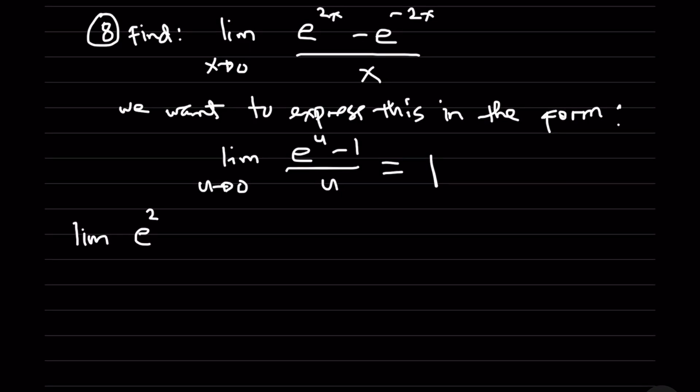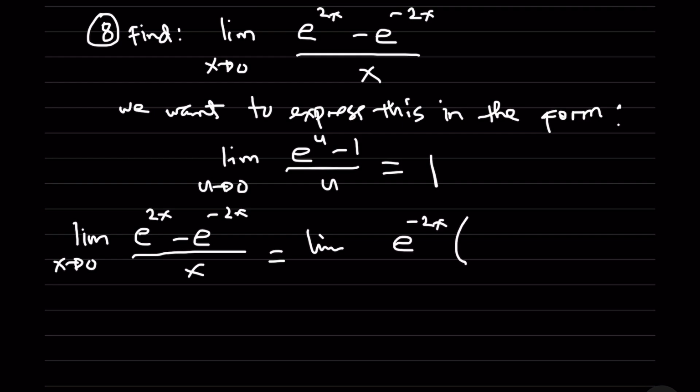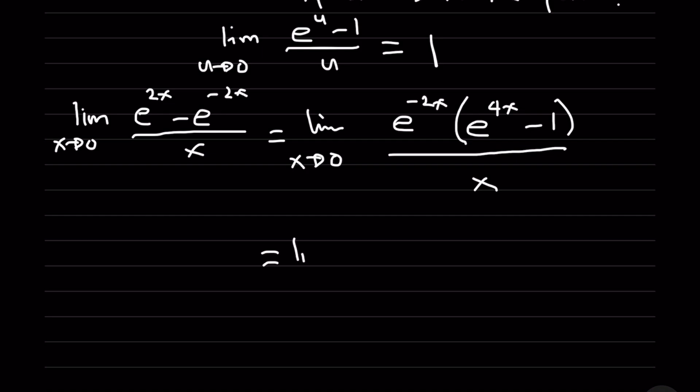So we write the limit of e raised to 2x minus e raised to negative 2x divided by x as x approaches 0 as the limit of e raised to negative 2x. Now the first term here will become e raised to 4x, right? Because if you add the exponents, the result will be 2x.